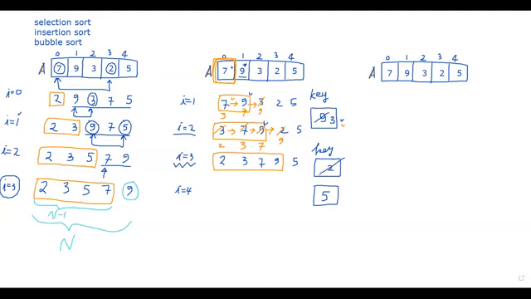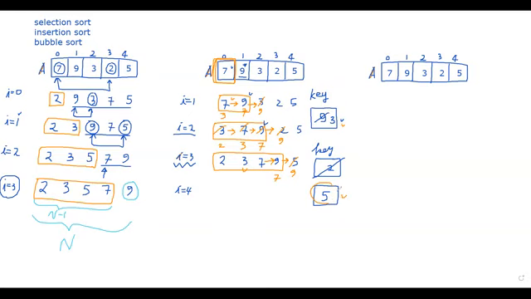Now we have a new key value and compare 9 and 5, right? 9 is greater than 5, so shift 9 to the right. So this becomes 9. And do the same thing. 7 is greater than 5, so 7 should be shifted to the right. And look at this one, 3 is less than 5.